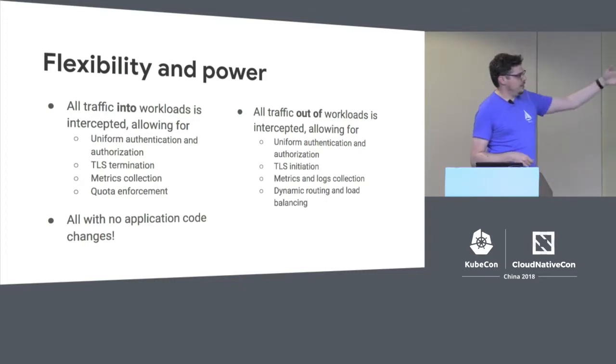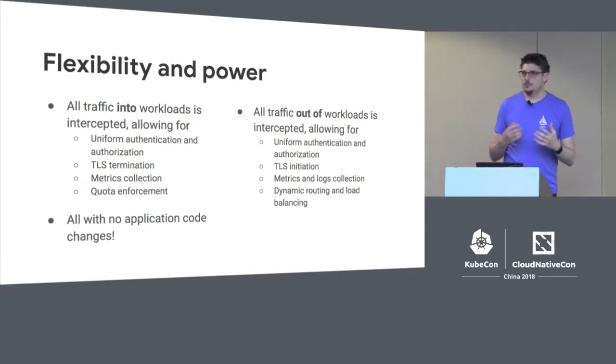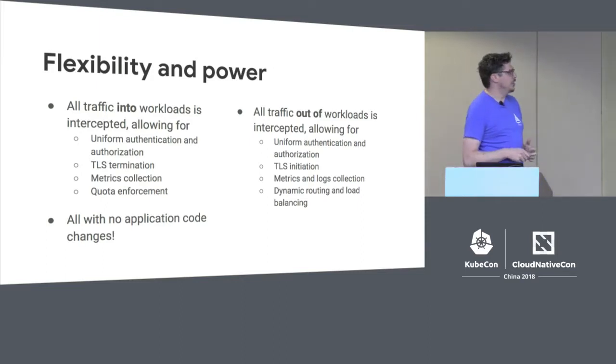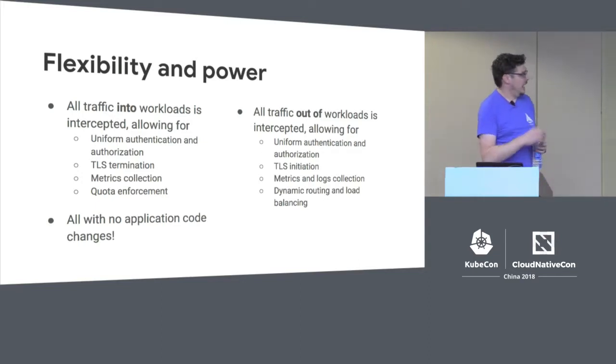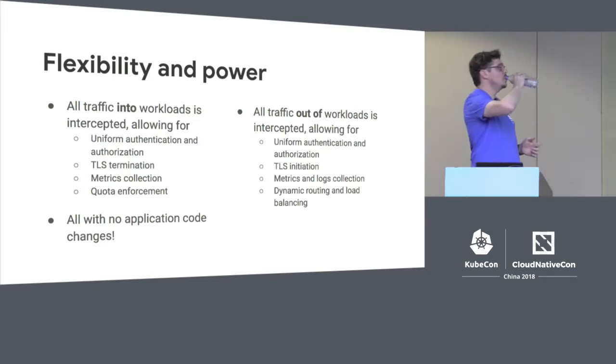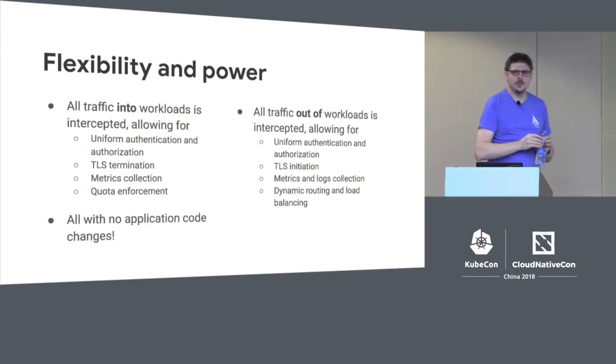So with all of the same things there for metrics and logs and making sure that those services don't have to worry about security themselves, they just trust that the network does that for them. We're able to also do things like dynamic routing. So we said before we want to send a certain percentage of queries to a new service. It doesn't know that it's happening at the service level, but we program the proxies to do that for us. All of this is done without having to make any changes to your application code.